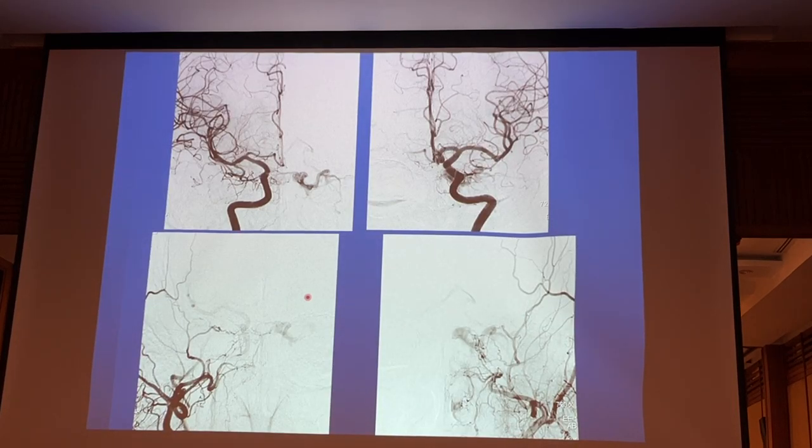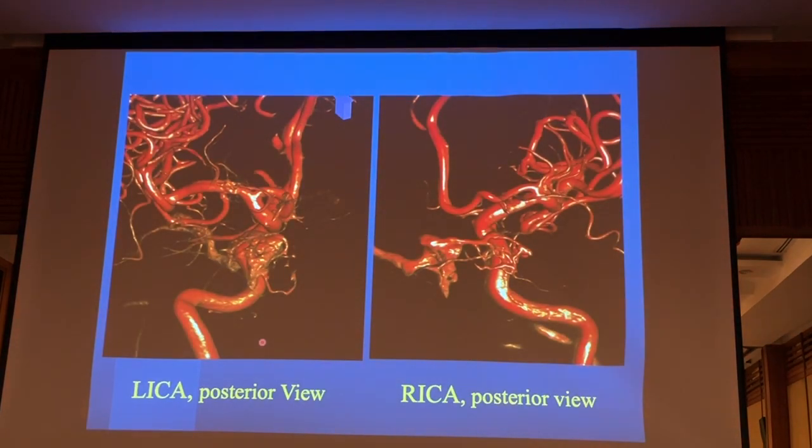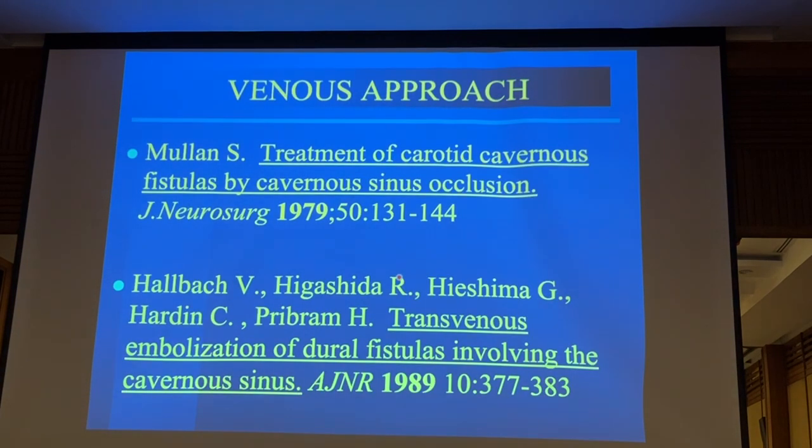Okay? This is one of those cases which can have bilateral supply. You can see supply coming from both the right and left internal carotid artery as well as middle meningeal artery supplies. This is the image I showed you before. You can see the collateral supply coming from the contralateral internal carotid artery through the clival anastomosis behind it.